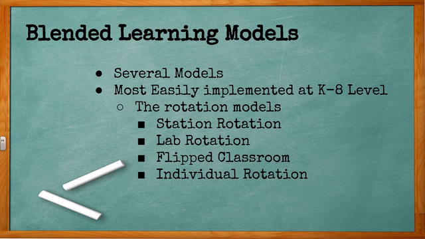Then they would rotate to class B, where they would do a lab that related to the video they just watched, and when they were done with that, they would maybe rotate to class C, where they would work on writing up their lab. But that's where entire classes are rotating through, not just little stations.